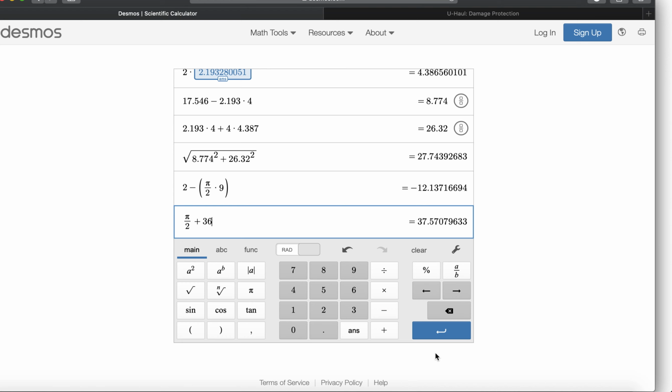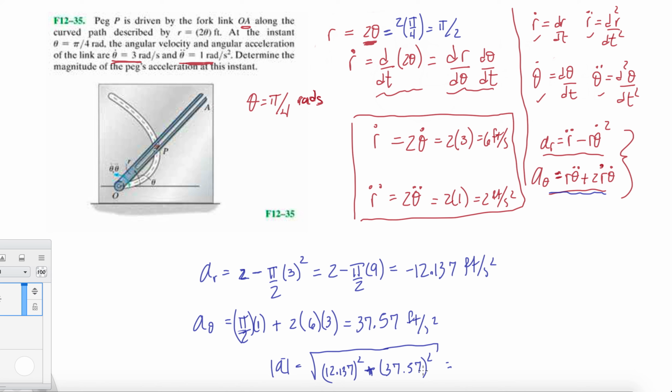Probably not. No, I did not. But once you plug this into your calculator, you should get, I don't know, approximately 40. But just kidding. Just do this on your calculator and then you should get your final answer. I'm just going to leave it like this. I don't want to lead you guys astray.